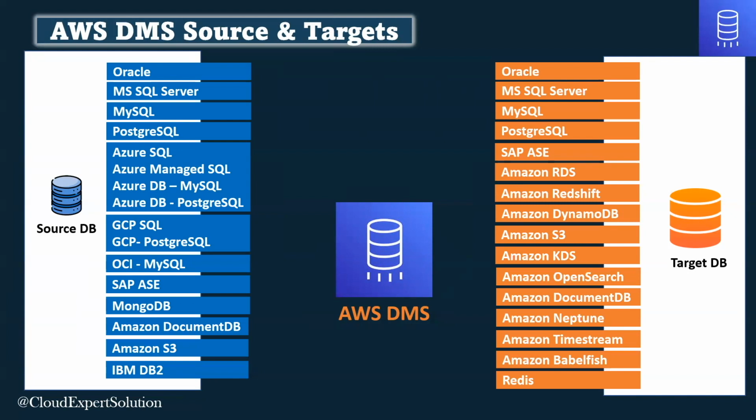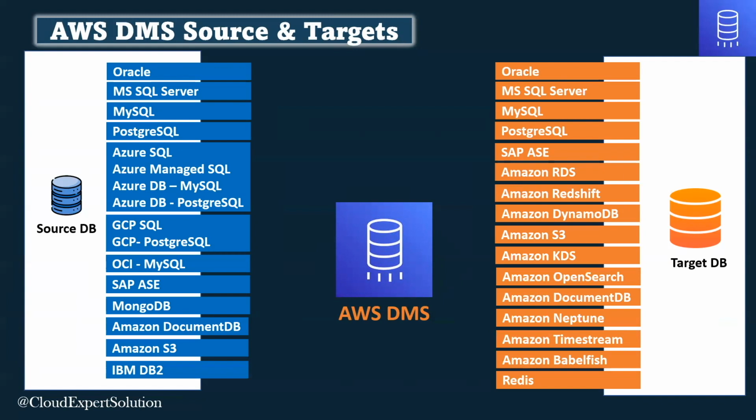Now the next question is, let's say your database is in the AWS Cloud. Will you be able to take it out of AWS using DMS? The answer is yes, but not for all databases. DynamoDB is not available as a DMS source. So if your source database is DynamoDB, then you won't be able to use DMS for DynamoDB migration.